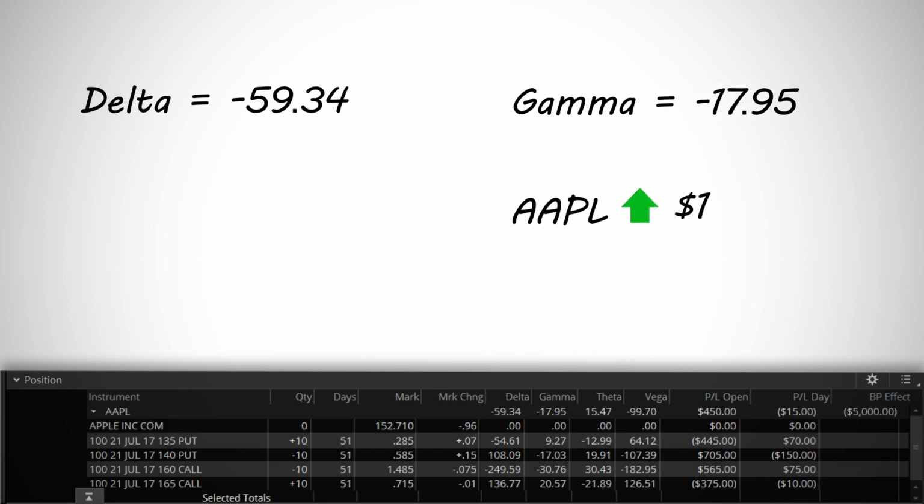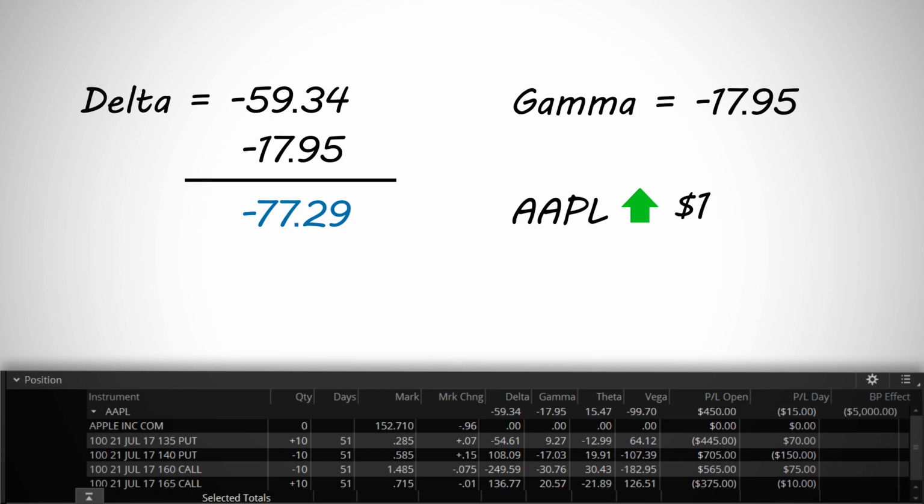So if Apple trades up $1, then our delta position will increase by the amount of the gamma, causing our delta to increase from negative 59.34 to negative 77.29. We already calculated that our position would lose $59 if the stock traded up $1.